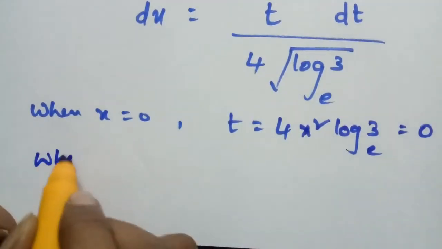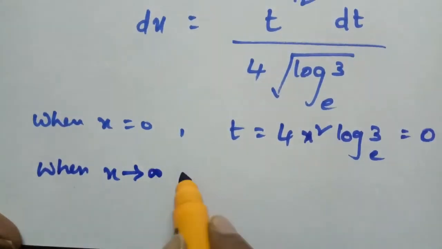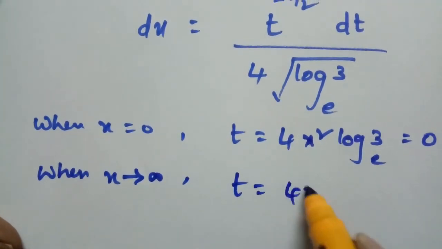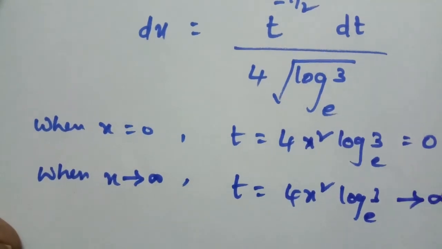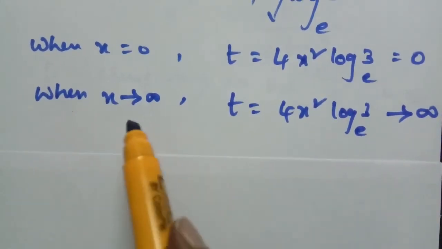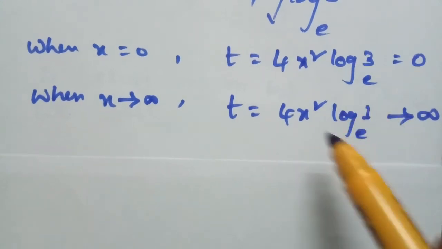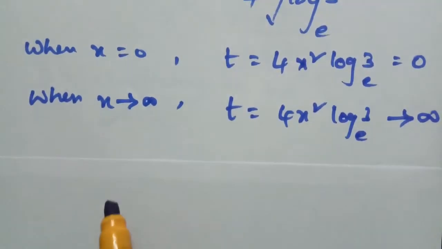When x tends to infinity, t is equal to 4x square log 3 base e, that also tends to infinity, since x tends to infinity, x square also tends to infinity. Infinity into log 3 base e tends to infinity.